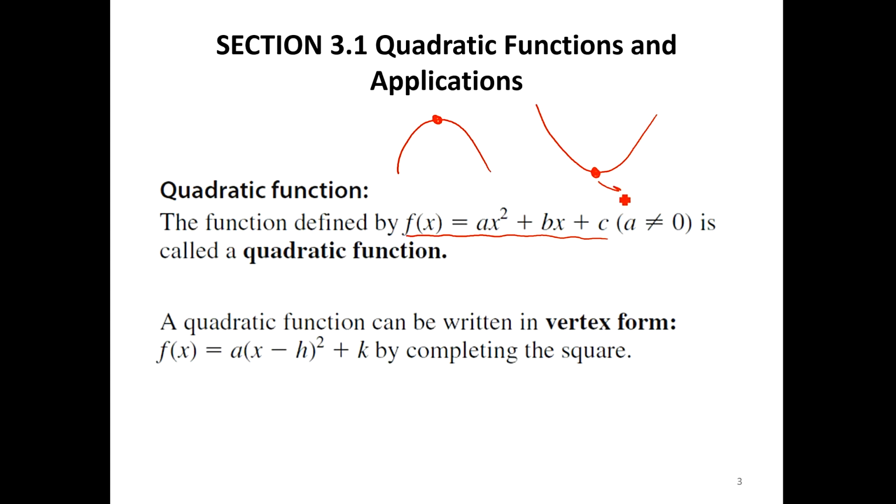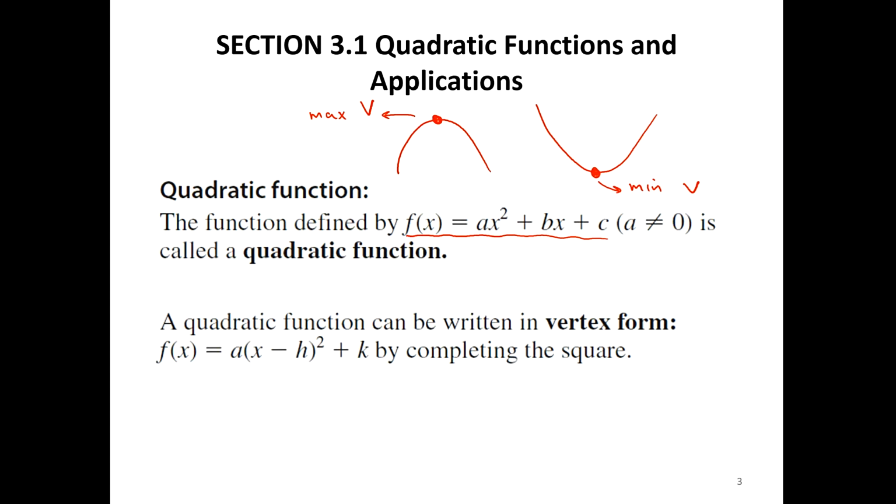This is the minimum vertex. If we have a parabola or quadratic function concave down, this is called the maximum vertex, okay?